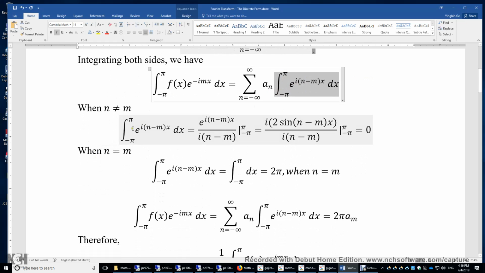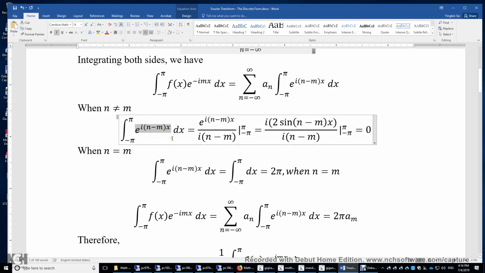Now let's prove this. When n is different from m, we have the integral of this exponential function from -pi to pi, and the indefinite integral of this exponential function is itself divided by a constant. We plug in the values of pi and -pi. Remember this: Euler's formula tells us e to the power of i theta is cosine theta plus i sine theta.